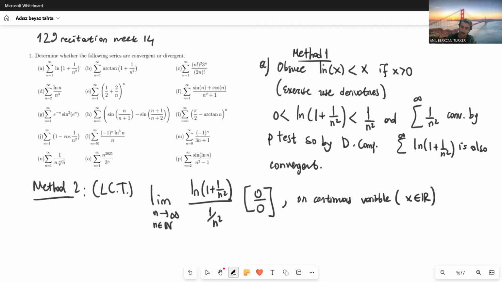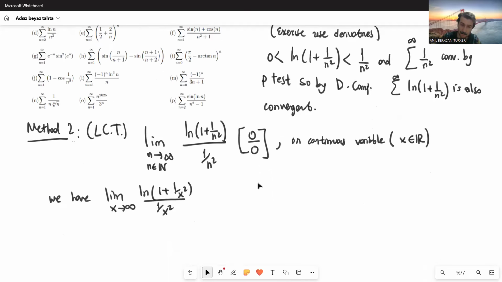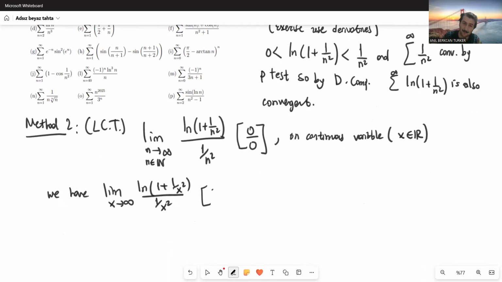So on a continuous variable, we have the limit as x goes to infinity. The same thing, I'm just going to repeat myself. And let me make some space. So 0 over 0, we have just observed that.